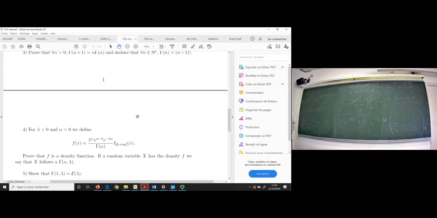Okay, so I use this one with lambda equal to 1 and alpha equal to B, and I replace X by S times 1 minus Z. I obtain S(1 minus Z) to the power B minus 1, exponential minus S(1 minus Z), indicator function S(1 minus Z) strictly positive, and I have to divide by gamma of B.